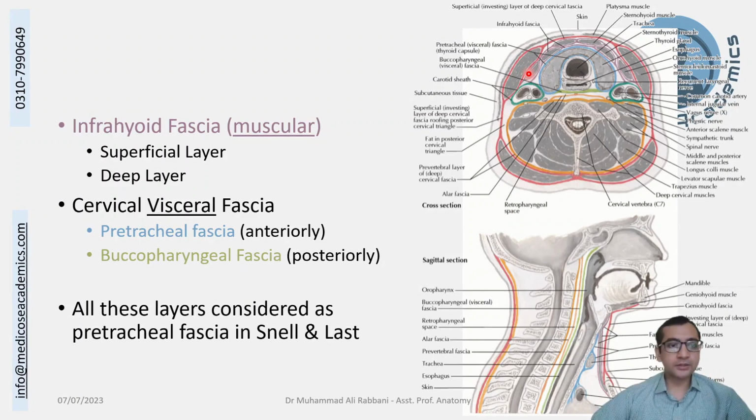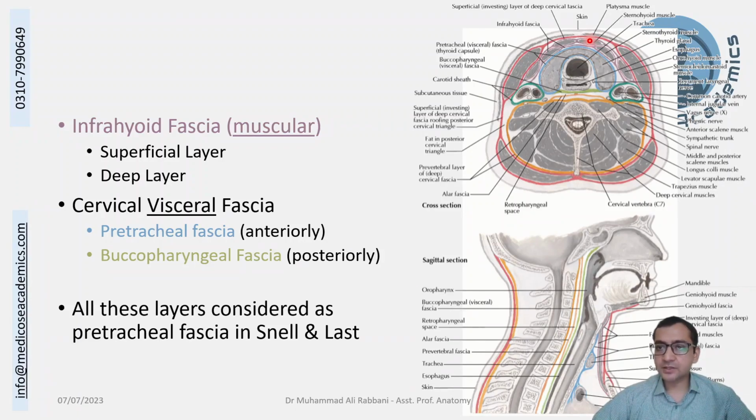In front, there were the sternohyoid and omohyoid muscles. When we removed them to look deeper, we were able to see the thyrohyoid and sternothyroid. So these are the two layers of the fascia also.